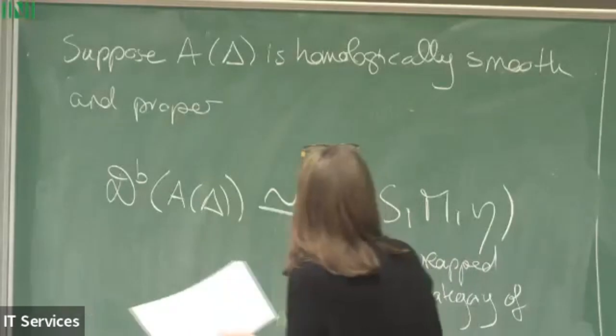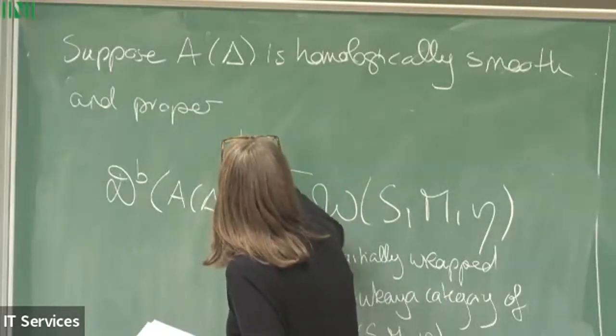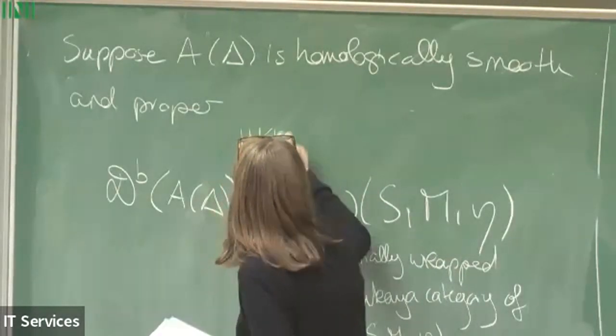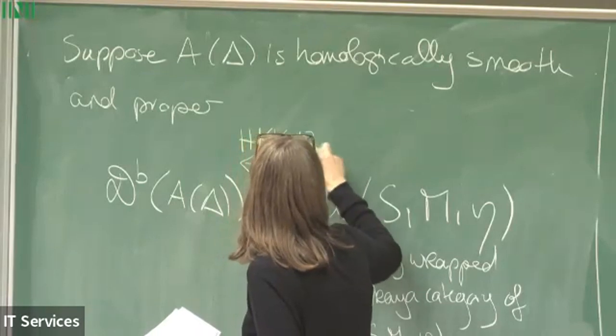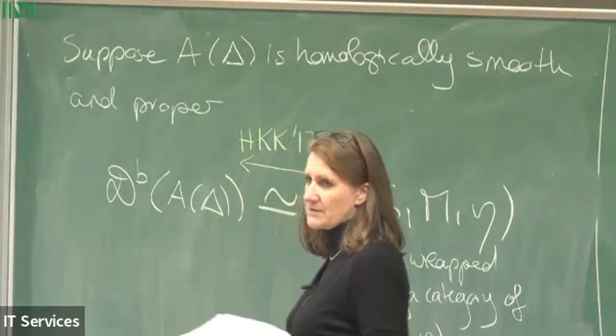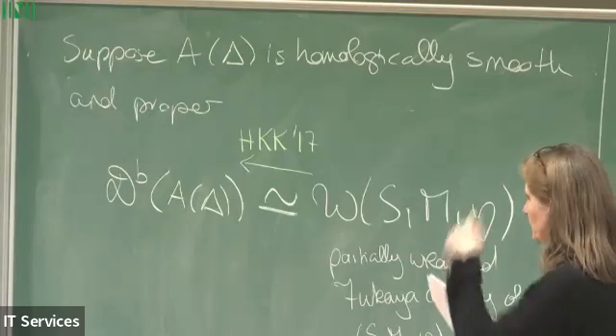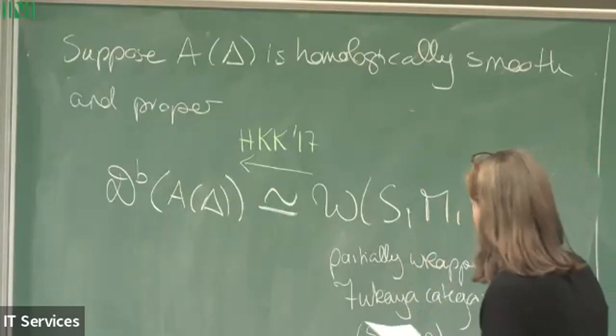Okay, and it's Haiden, Katzarkov, and Kontsevich who actually showed this direction. So they start with this Fukaya category, and then they show that it's triangle equivalent to this derived category of a Gentle algebra.